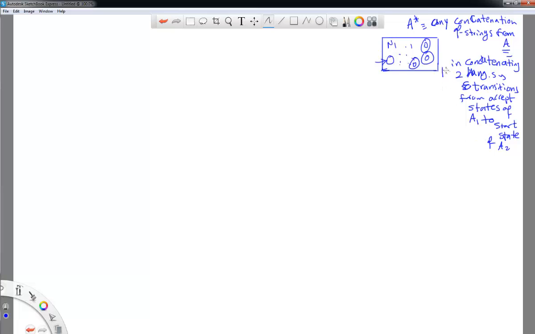So this is number 1. Number 2 is epsilon is a member of A star, or rather A star also contains the empty string, which means that my new automaton N should have its Q sub 0 be an accept state.